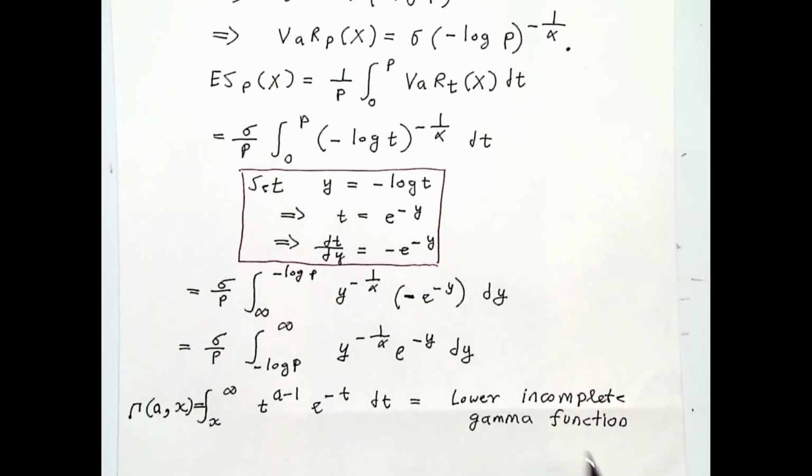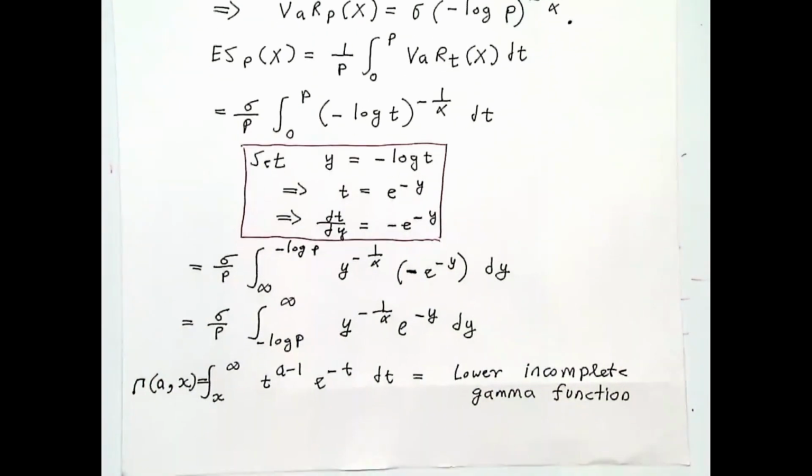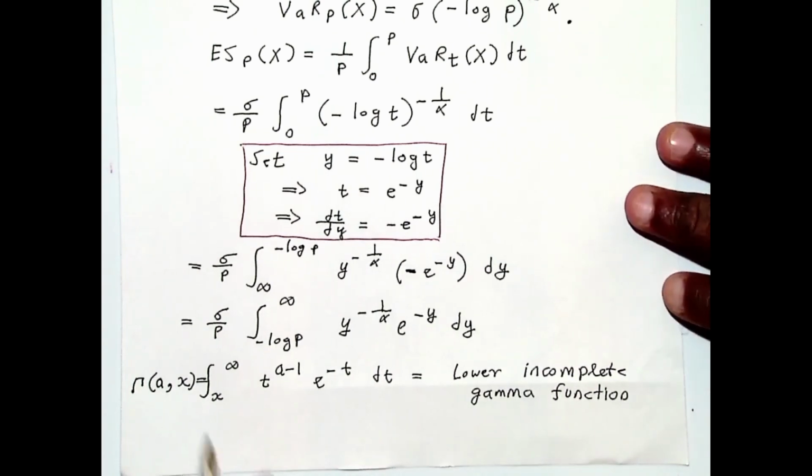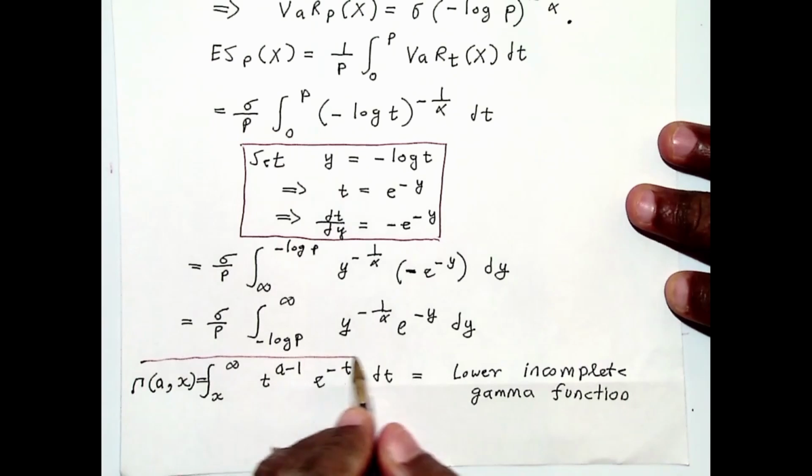The reason for this name is just what I explained, that this is different from the gamma function in the sense that the lower limit is not 0. It's a fixed number instead of being 0. So that's why you get this name, lower incomplete gamma function. All right? So I'll put this in another box.